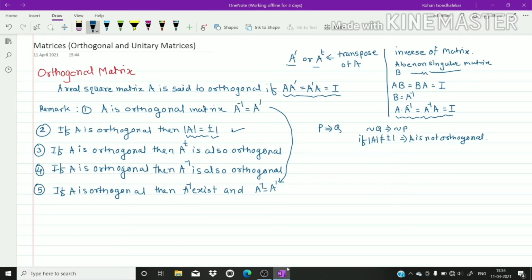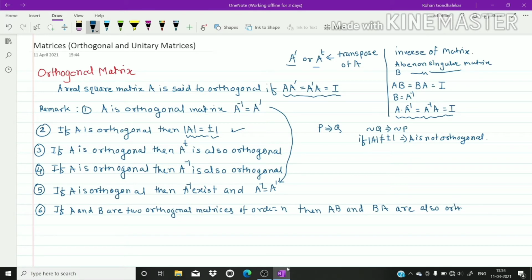Fine. And one more very important property: if A and B are two orthogonal matrices of order n, then A into B and B into A are also orthogonal.